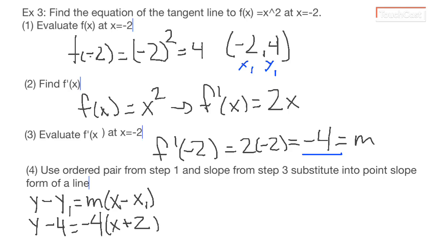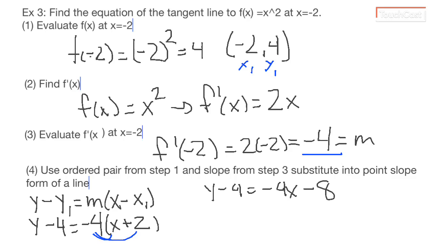Now, let's also put this into slope-intercept form, because that's really the generally accepted format. So to do that, we're going to first start by distributing this -4. So we're going to have y minus 4 is equal to -4x minus 8.